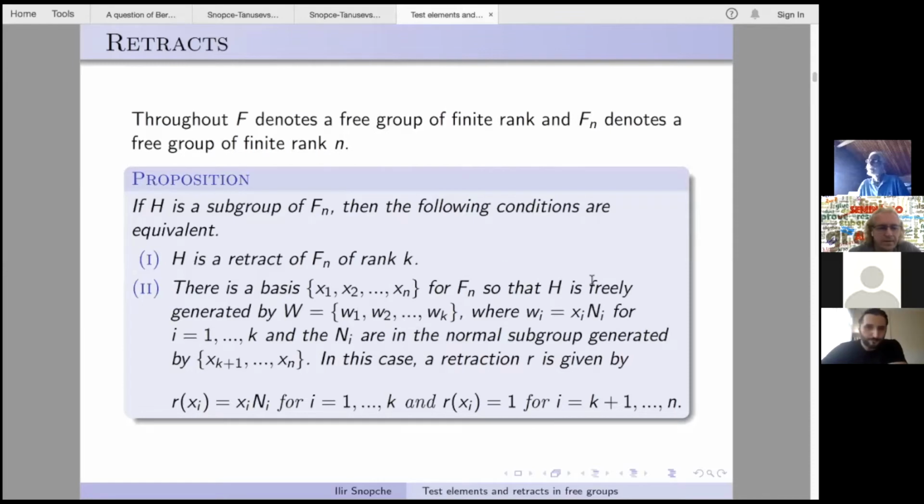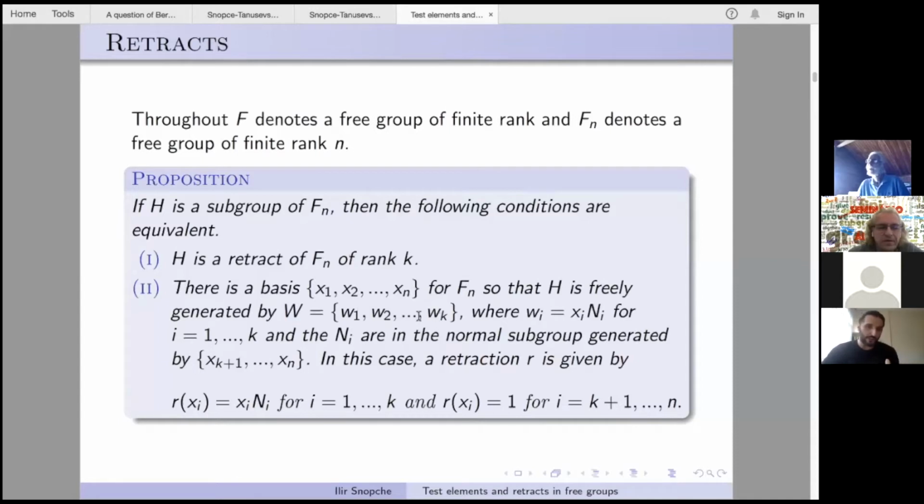Okay, so now how one can study. Wait a minute, Ilir. Let me slow you down a little bit. This N_i depends on i, on x_i, or I mean, you see, Pavel, we have the normal closure here. You see, you have this basis here, and we choose. Of course, the first observation is that the rank of a retract is at most n. It cannot be more than the rank of the group. So there are n generators.